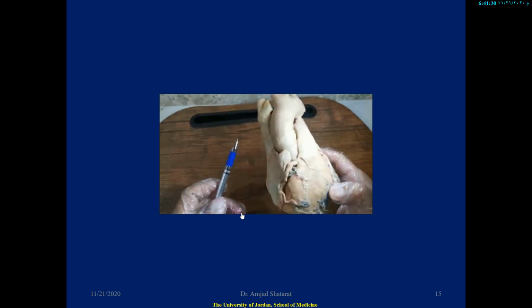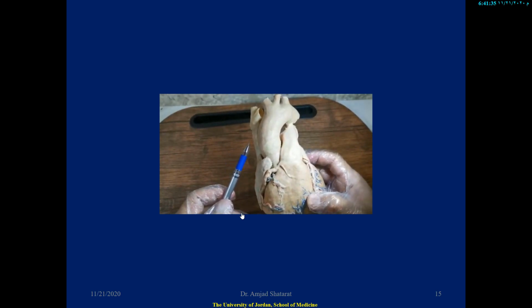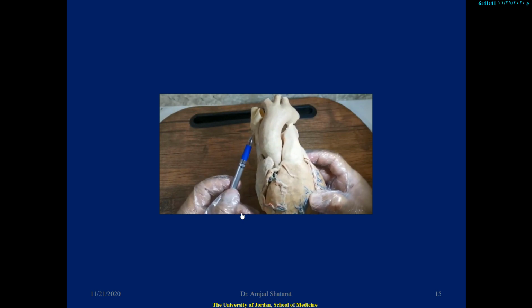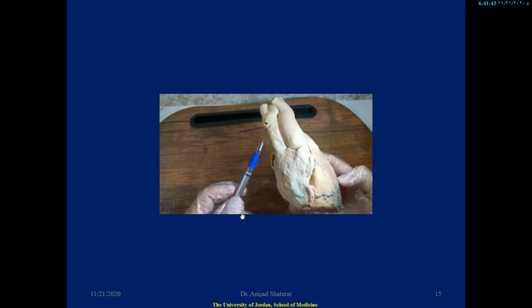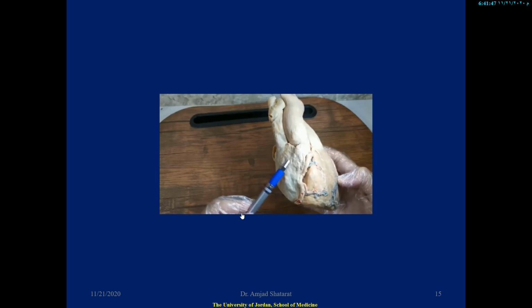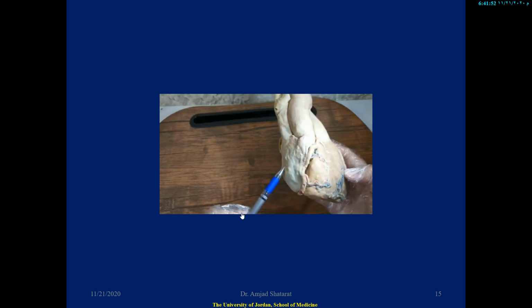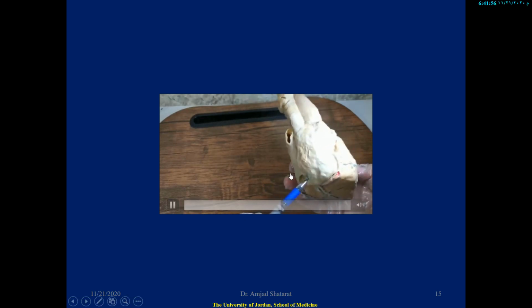Now, on the other side, you would see the contribution of the right border by the superior vena cava here. Then, of course, this is the right atrium of the heart here, and the inferior vena cava.